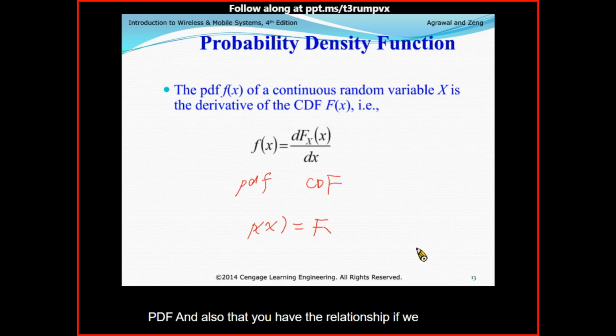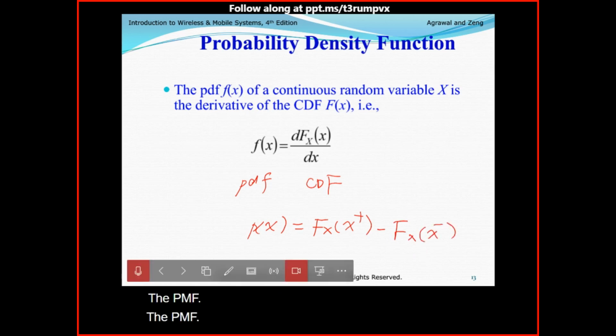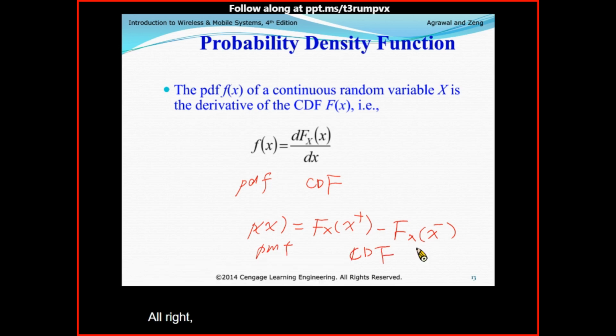And this is a way to have the PMF. All right, and if we have any suitable figure, then we can use that figure to illustrate the relationship for you.